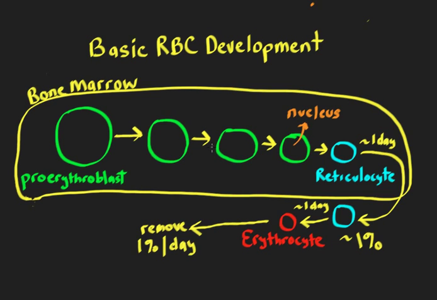When you have this nuclear cytoplasmic dyssynchrony, it's really a maturation defect that results in the cells staying big. They don't develop well. In fact, there's a lot of intramedullary hemolysis, destruction of these large immature red blood cells before they even get out of the marrow. And the ones that do end up out of the marrow are too big, and you end up with an increase in average red blood cell size.